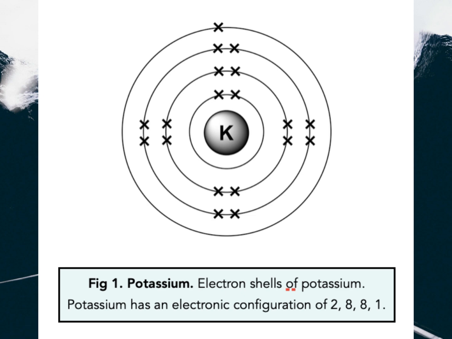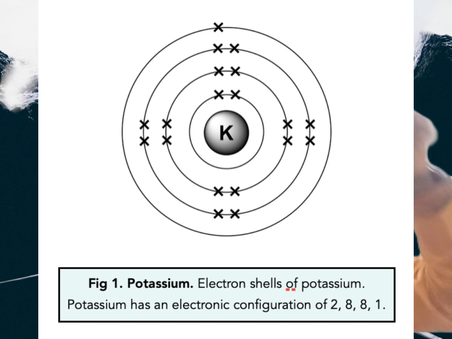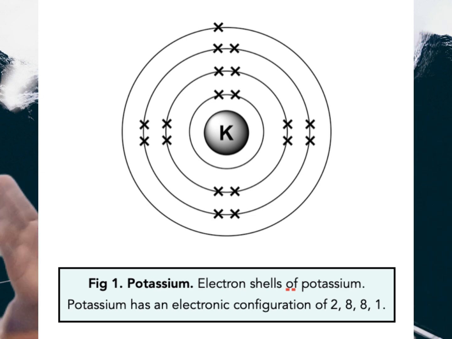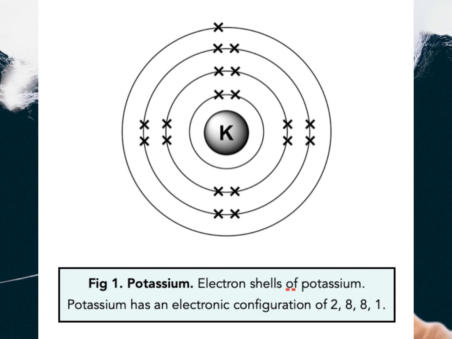Potassium has atomic number 19, and in the first shell it has 2 electrons, second shell 8, third shell 8, and the last one has 1 electron. Because it has 1 electron on the outermost shell and sodium has 1 electron on its outermost shell, they have the same valence electrons. Therefore, sodium is in group 1, and potassium is also in group 1. But in the case of period, sodium is in period 3 and potassium is in period 4 because it has 4 shells.